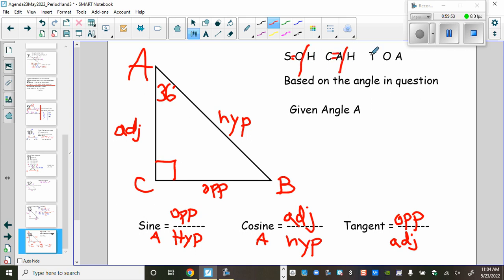Same thing, equal mark, boom. Equal mark, boom. But again, it all depends on the angle. Because this was something I was really worried about for a lot of us. I think on the Unit 6 test, a lot of us struggled identifying sine, cosine, tangent, cotangent. That was something I was really worried about.